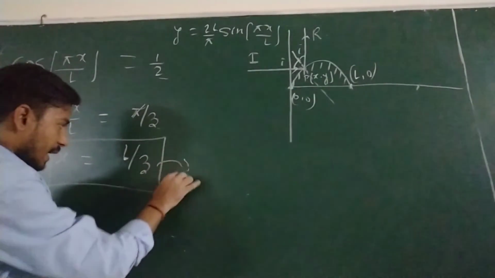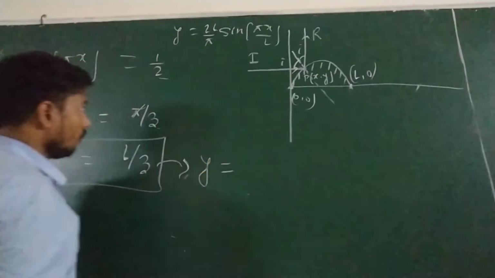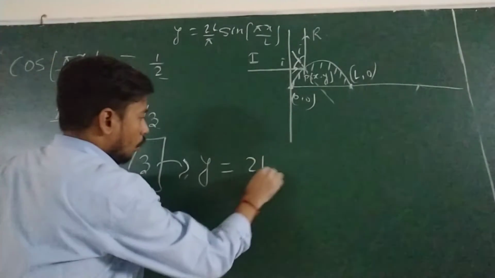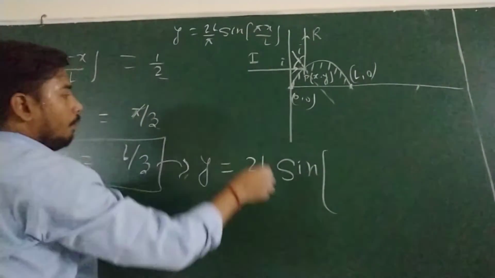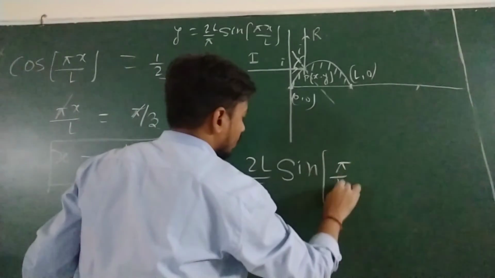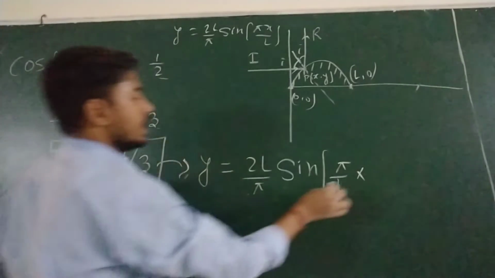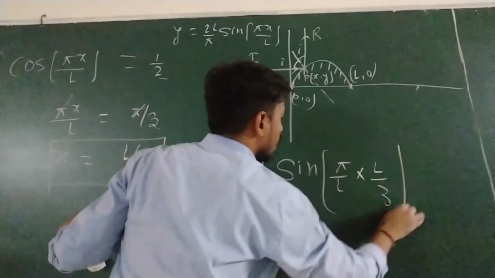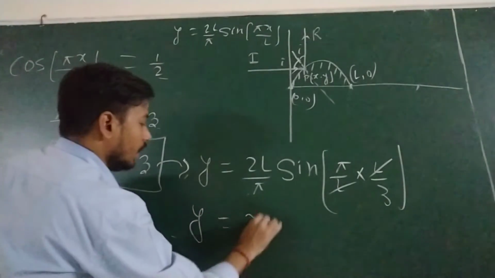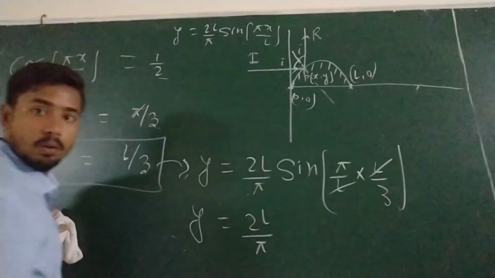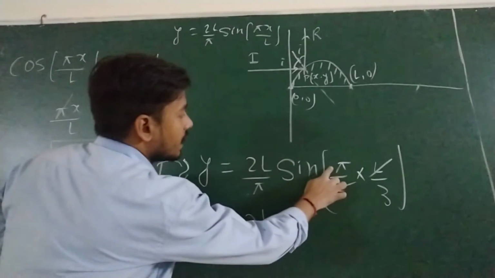Once you have got x, you can find y. What is y? 2L by pi sin of pi by L into x. Put this value of x here. So this L gets cancelled. So y is equal to 2L by pi and sin pi by 3.